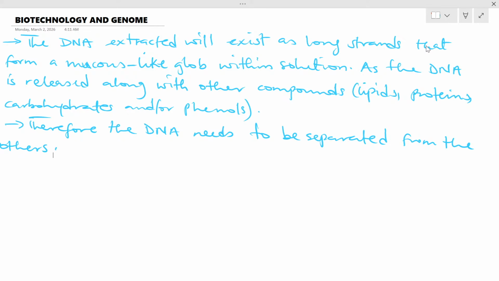As the DNA is released along with other compounds like your lipids, proteins, and carbohydrates, the DNA therefore needs to be separated from the others. There are other steps further down the way, but because of the purpose of this class, which is to revise for your exam, we want to keep this within the space of what we had lectures for in class.